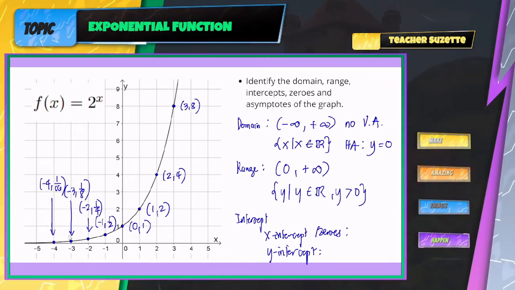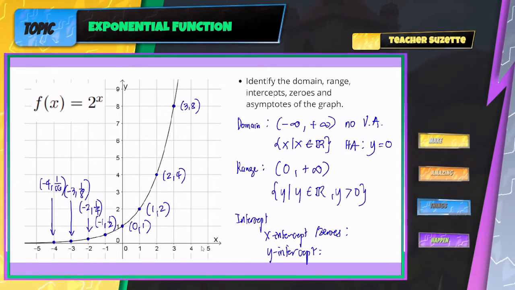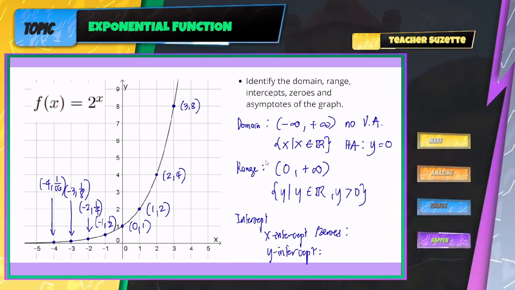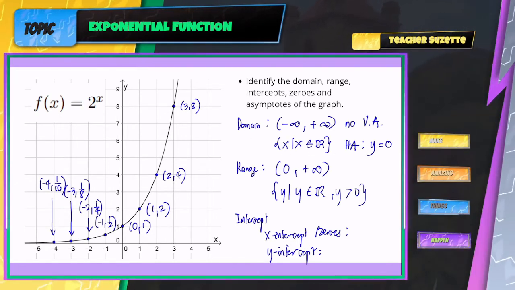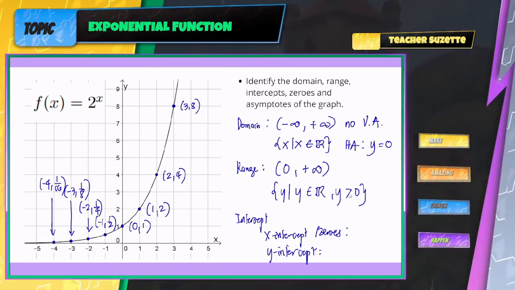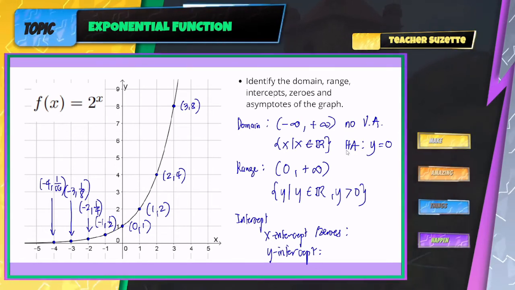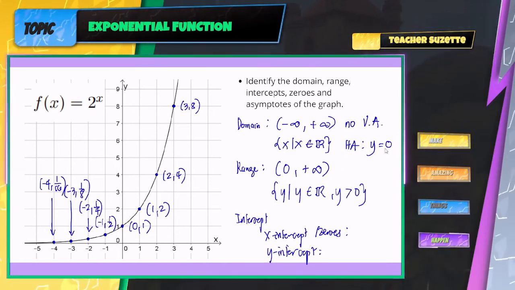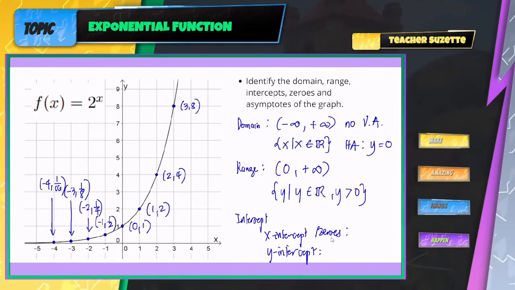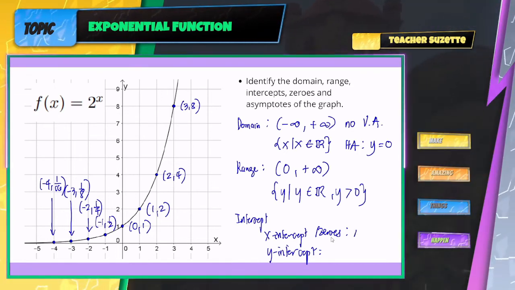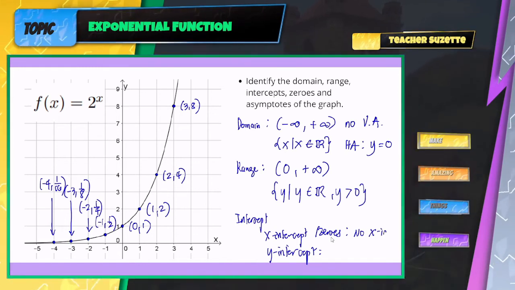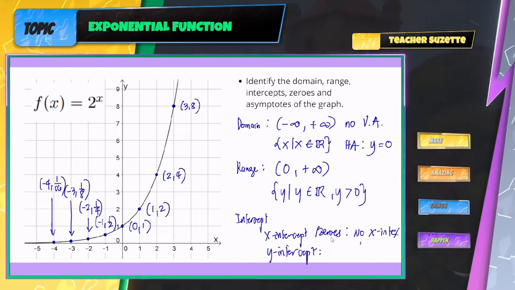So, dito, obviously, as you can see, and as indicated above in our domain and range, our domain is 0 to positive infinity or the values of our y is greater than 0. So, obviously, nasa taas siya ng ating x-axis or nasa taas siya ng ating horizontal asymptote na y is equal to 0. So, therefore, for our x-intercept, obviously, we don't have our x-intercept.